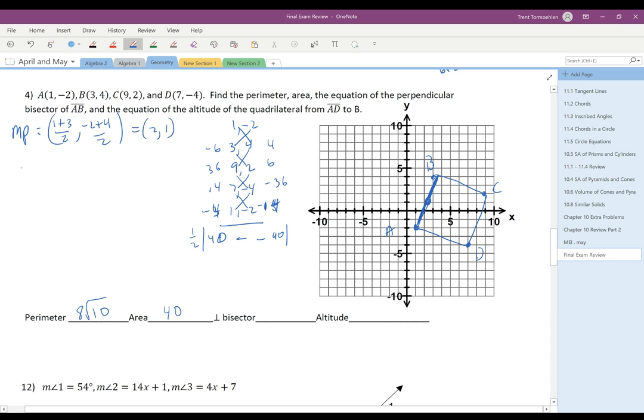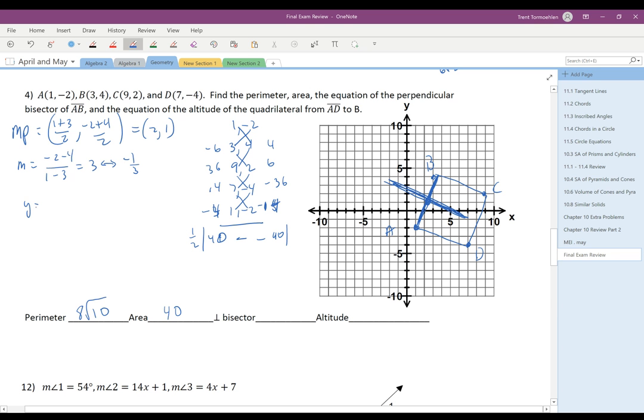I need the slope of AB, and so that's going to be subtract the y's, -2 minus 4, over subtract the x's, 1 minus 3. So -6 over -2, which is 3. And it's a perpendicular bisector, so it goes through that bisecting point, which is (2, 1), but it's perpendicular, so we have to take the negative reciprocal of that slope to get -1/3.